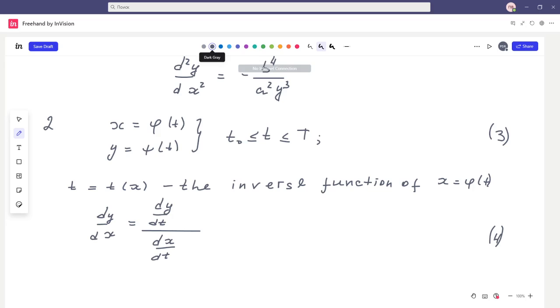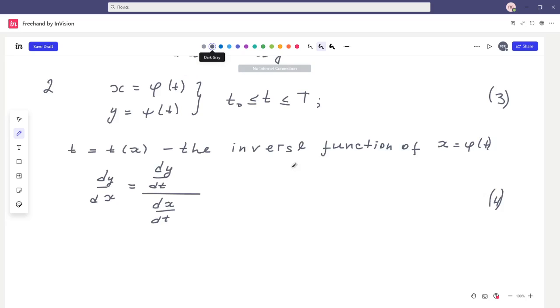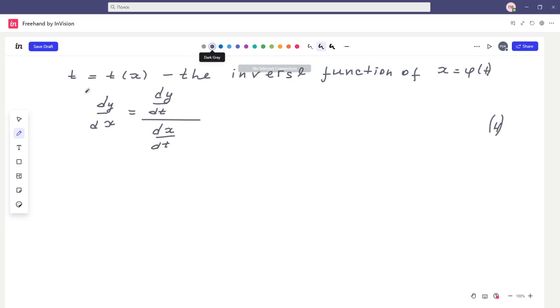To find the second derivative of y of x, differentiate 4 with respect to x, bearing in mind that t is a function of x.